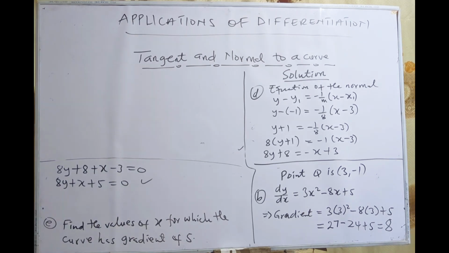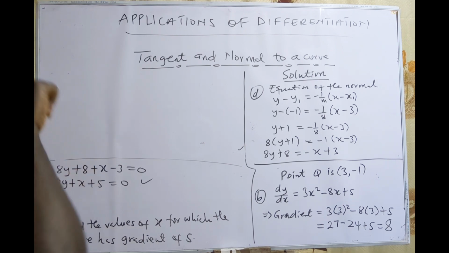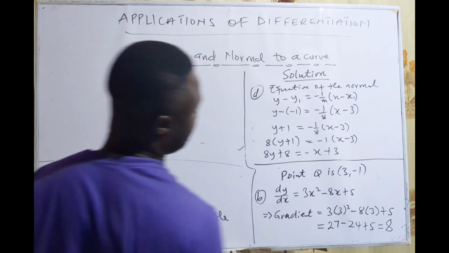Okay. The last one, find the values of x for which the curve has gradient of 5. So on the curve, we need the values of x, and at that particular value of x on the curve, the gradient will be 5, not 8.